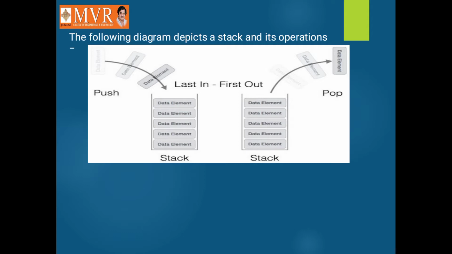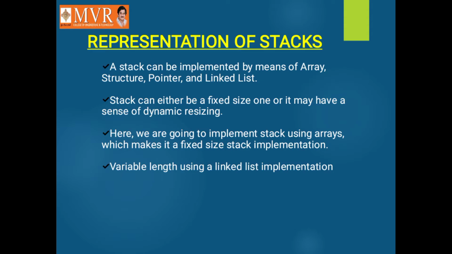Now, representation of stacks. Stacks can be represented in memory in different ways, that is, by using arrays, structures, pointers and linked lists. Of all these, the main basic ones are the array and the linked list. That is, stacks can either be of a fixed size, or may have dynamic resizing.